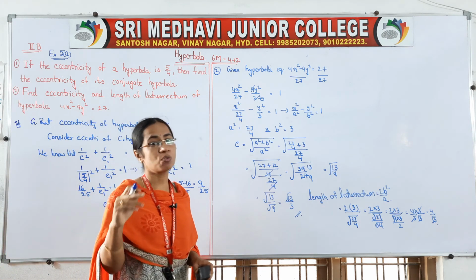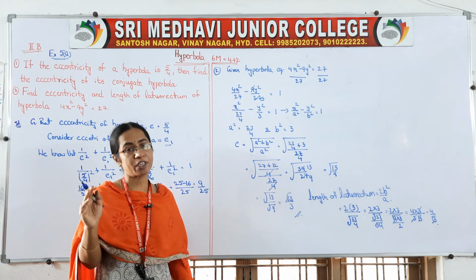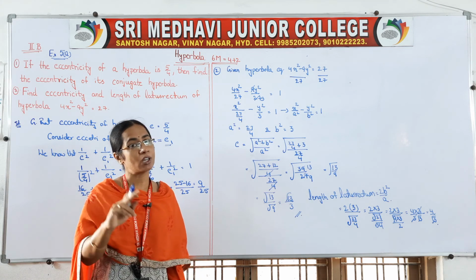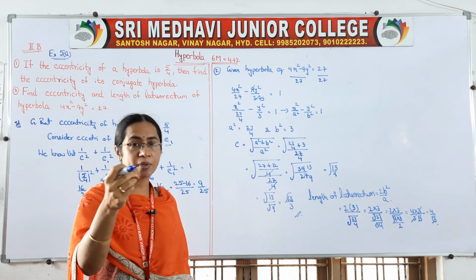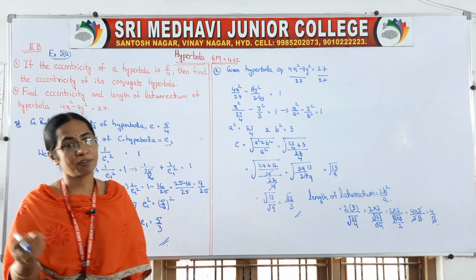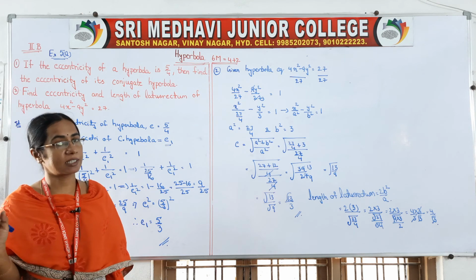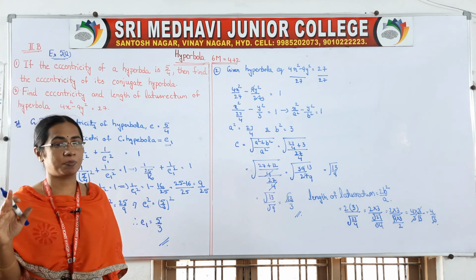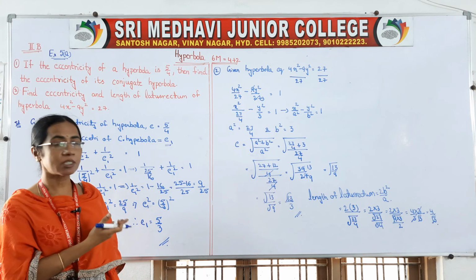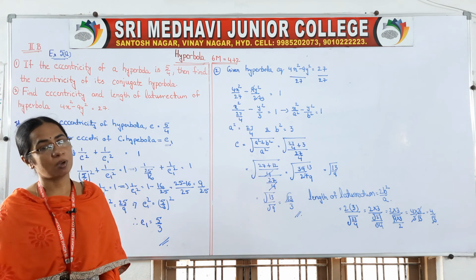Once you have reduced it, you know all the formulas, the list is given to you, and you have to learn them by heart. What is the formula for eccentricity, foci, directrix? If you know the formulas of all 4 types of curves, we can easily solve these problems.